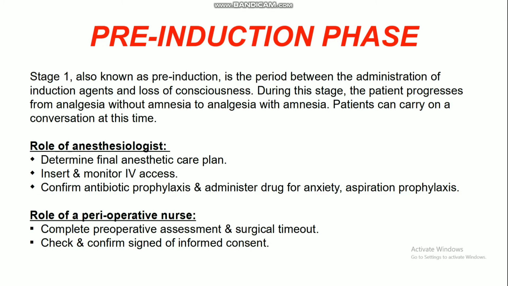During this stage the patient progresses from analgesia without amnesia to analgesia with amnesia. At first we provide the analgesic agent, then the anti-vomiting agent, then any type of general anesthesia or local anesthetic agent. That's why the patient goes through the amnesic period.